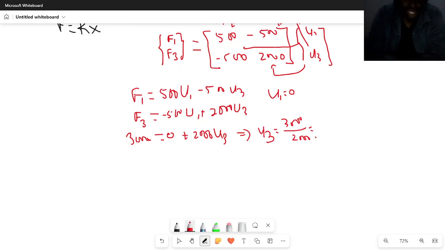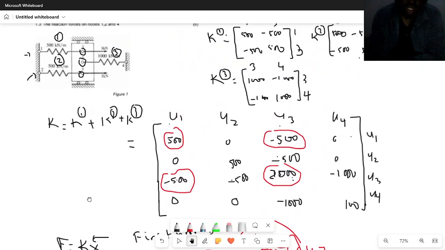Any question, guys? You get 3 over 2 as displacement. Is it meter or millimeter? Let's double check the unit provided for the springs. It is kilonewton per meter, therefore that displacement is in meters.